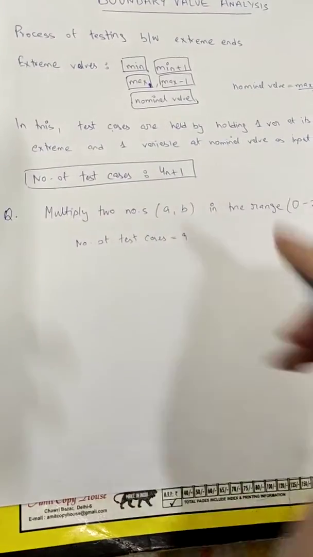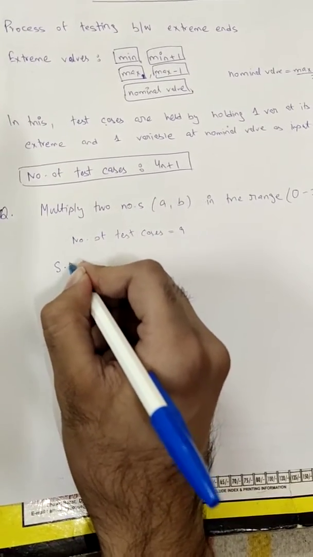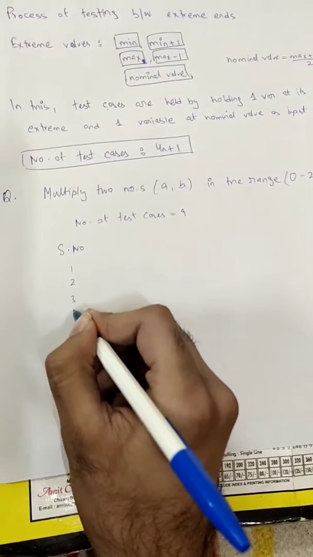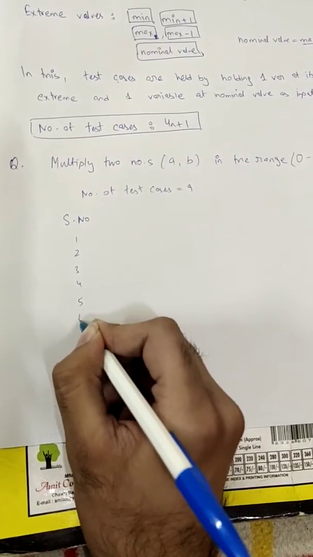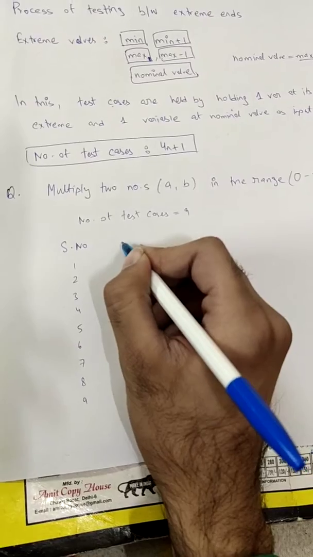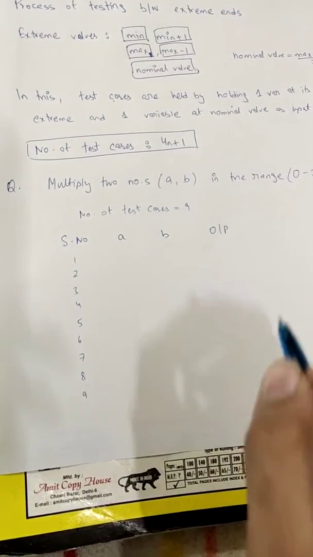So now we have to make a table. So the first will be serial number. This would be the 9 test cases that are possible. Now just write the inputs for which we have to test A and B and what should be the output.